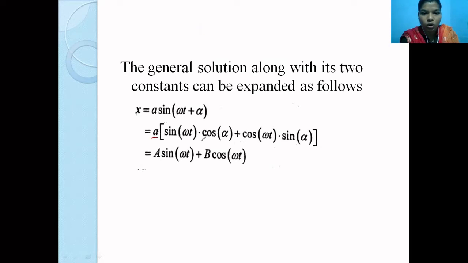A into cos alpha is equal to capital A, and A into sine alpha is equal to capital B. Once I do these substitutions, what I am left with is A sine of omega t plus B cos of omega t. So all we get is a linear combination of sine and cosine, which is what I require to express a simple harmonic motion. So it again proves that x equal to A sine of omega t plus alpha is the most general solution that I can choose for simple harmonic motion.